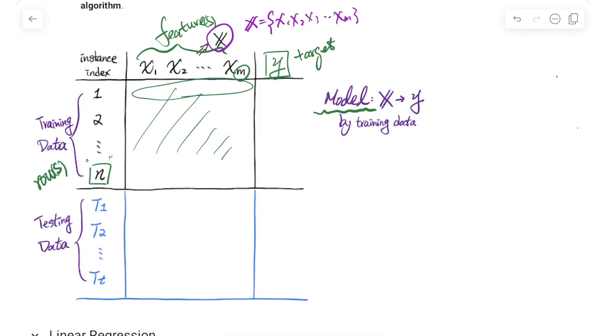That means we would like to model an application. The application is to describe how we use those features, which is big X, to find the relationship between big X and another special column, which is y, the target. So we would like to find the relationship between the big X and the small y.